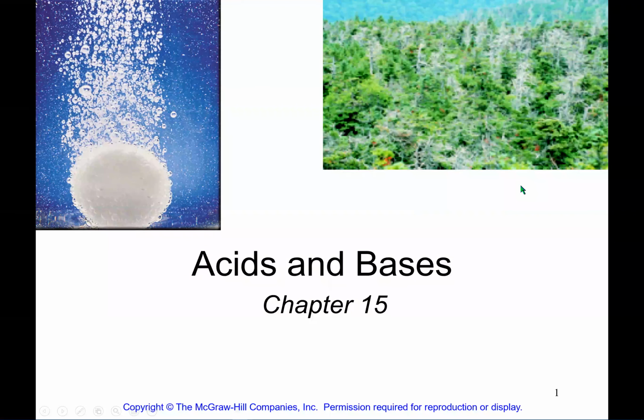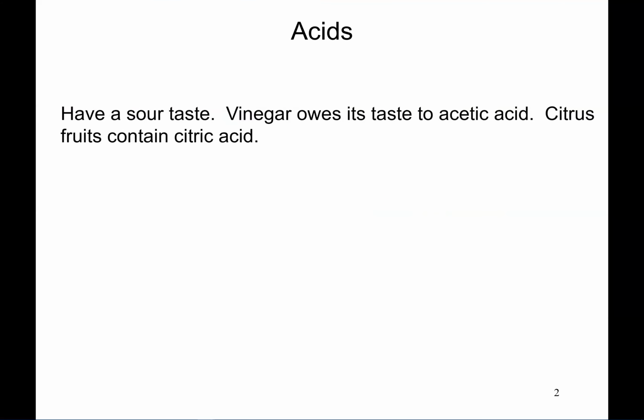Now let's define the certain acids and bases here, and we'll talk about each of them as we go through. Share the screen again. Okay, acids and bases here.